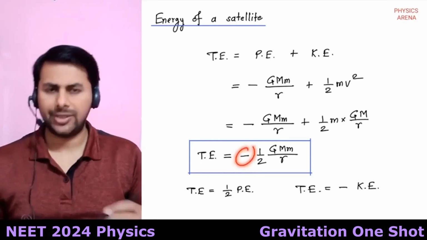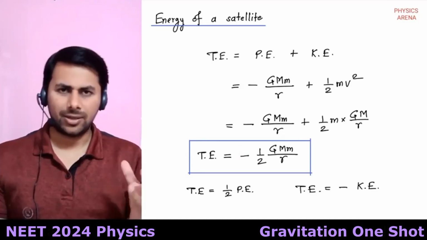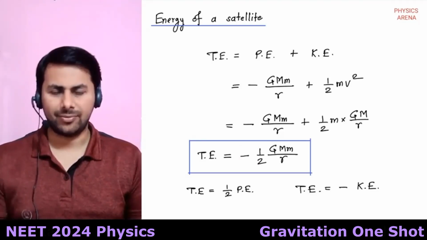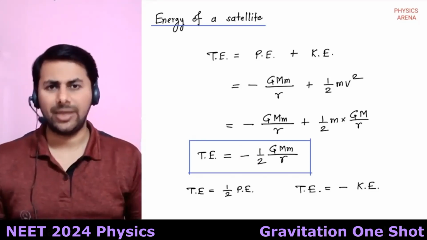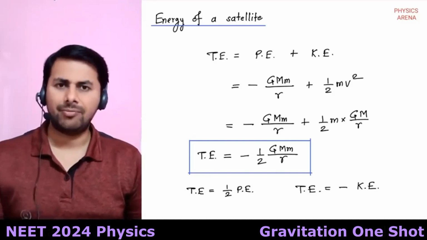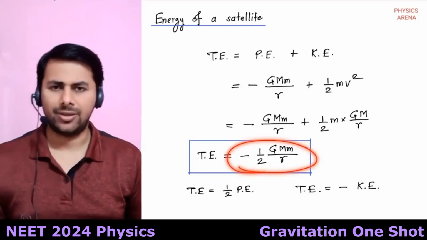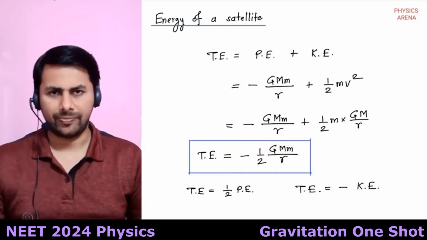Now you can compare this total energy with potential energy and kinetic energy. First of all, as we discussed in the last class, the total energy of a satellite revolving around Earth will be negative, or the total energy of a planet revolving around the sun will be negative. In any bound system, the total energy is negative, and you can see that here: it is minus half of GMm upon r.